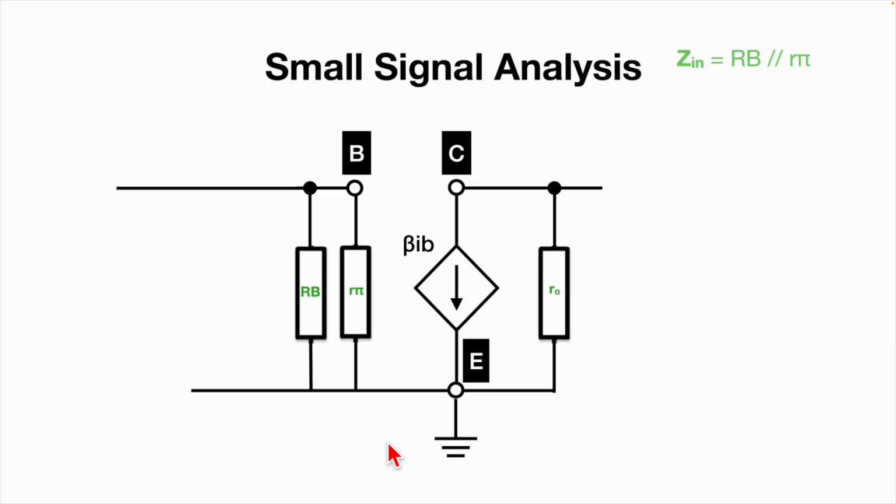Now, if we were calculating the input impedance of this design, generally what we would do is we would parallel 2 resistances. One is what we call RB, the other is what we call R pi. RB is just itself the parallel combination of your 2 resistors in your base voltage divider, which in my case works out at 1.45k ohms.